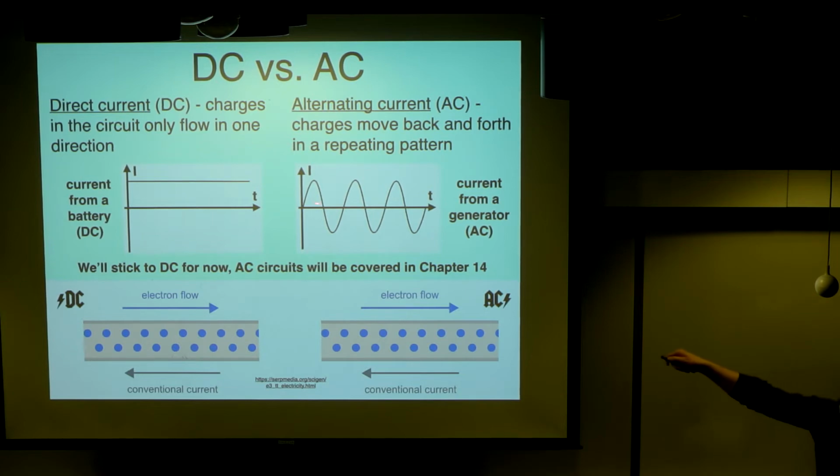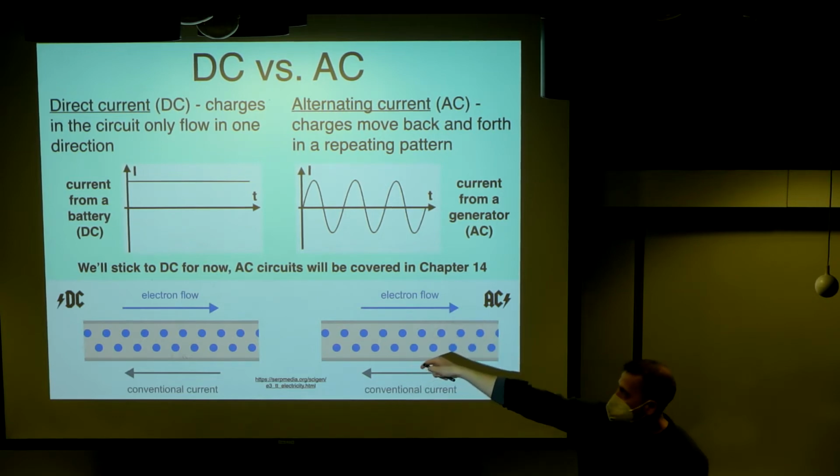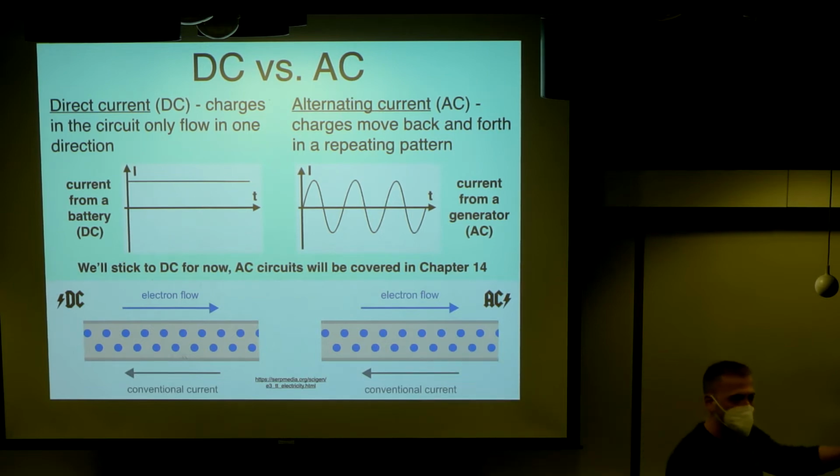Now, in this case, the current looks like a sine wave, correct? This is the type of current that you would get using an electrical generator. You get this sort of sinusoidal current like this. Using a battery, on the other hand, you'd get this DC current like this, where the charges are only moving in one direction. So that's the difference.